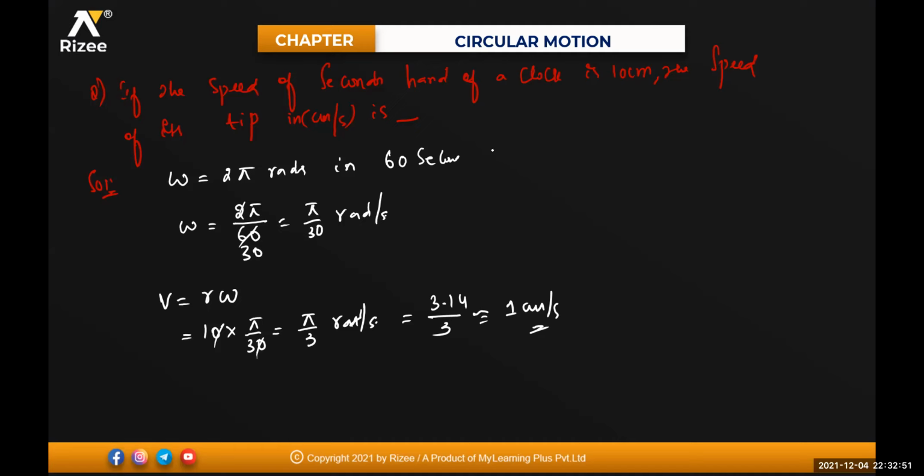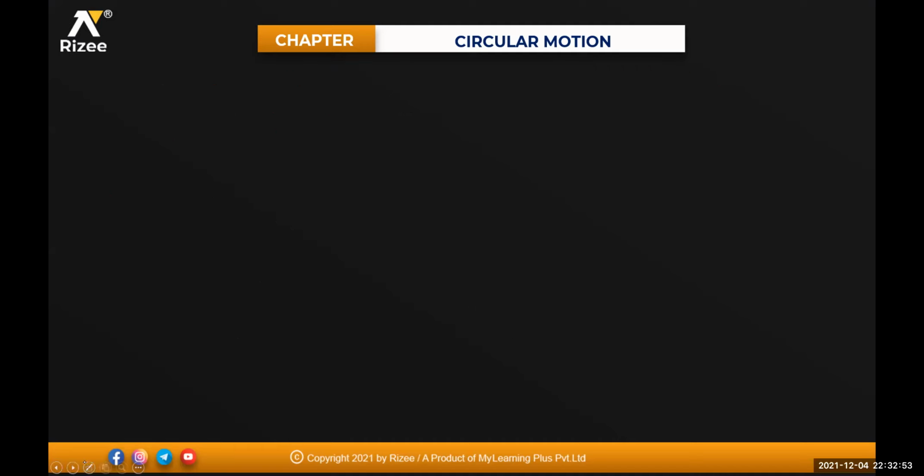See one more model on this one. See this question. The angular speed of a flywheel making 360 revolutions per minute is. Try to do it.